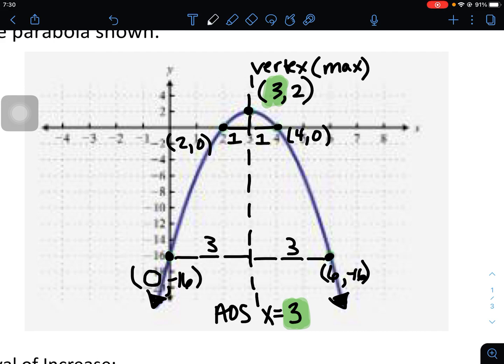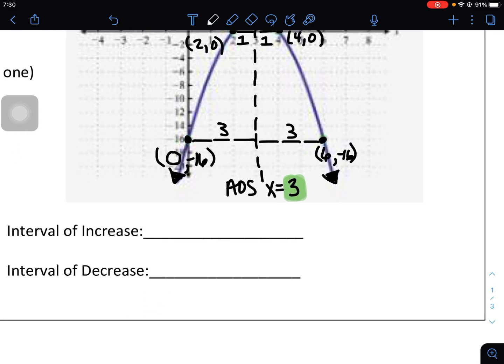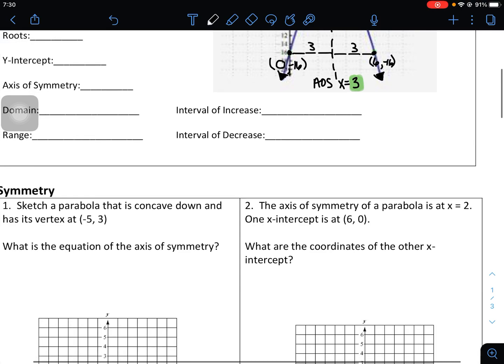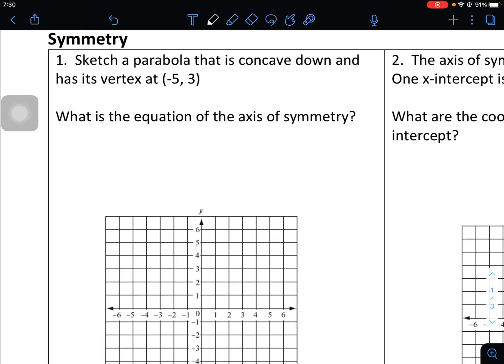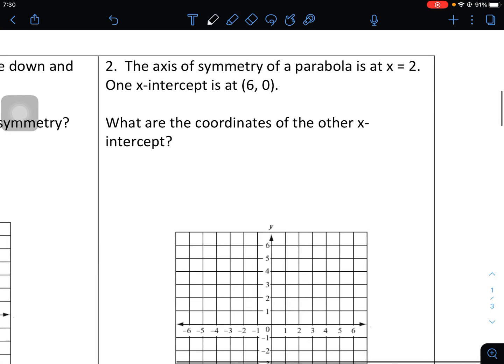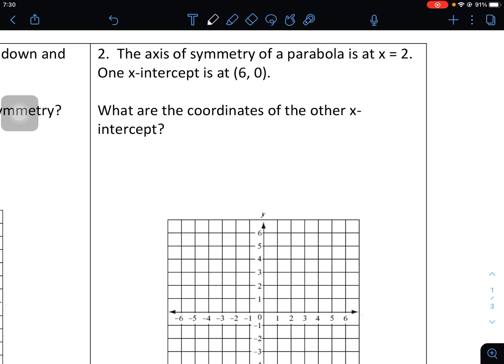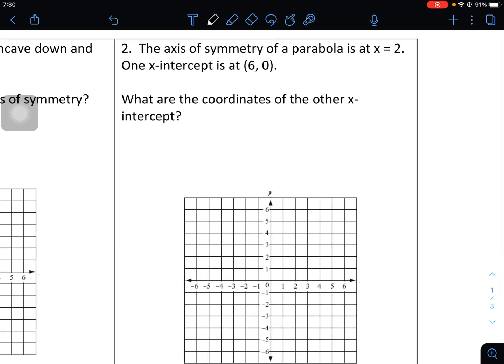Because of this symmetry, what we can do is identify points, axes of symmetry and vertices on parabolas based on just some given information. So for instance, for number 2 here, if the axis of symmetry of a parabola is at x equals 2, and one x-intercept is at (6, 0), we can identify the other x-intercept.